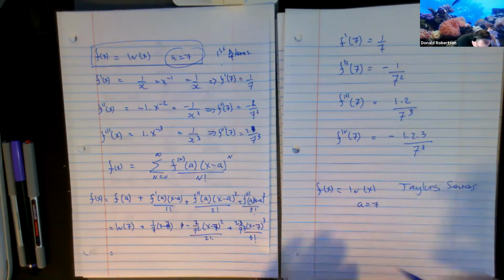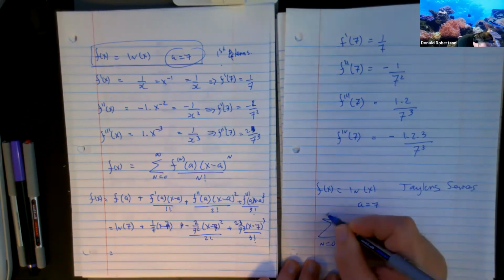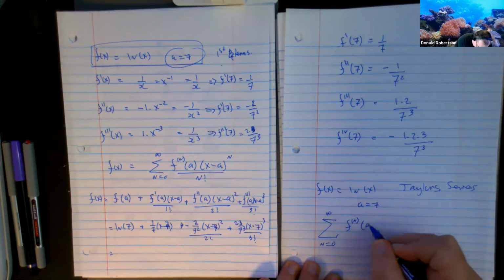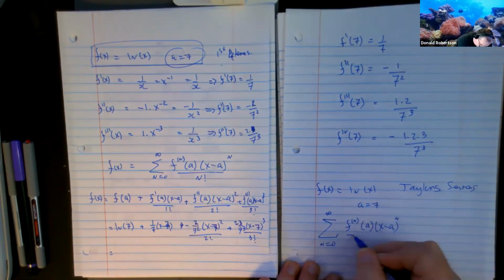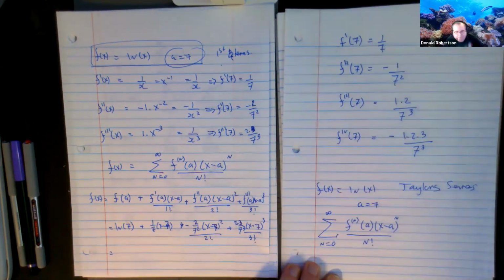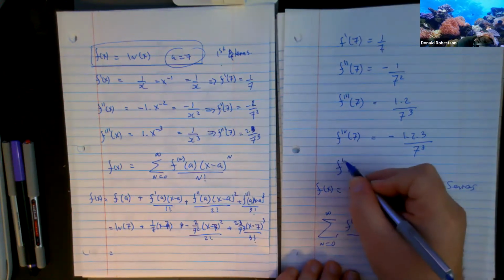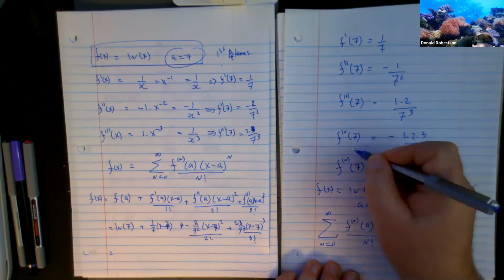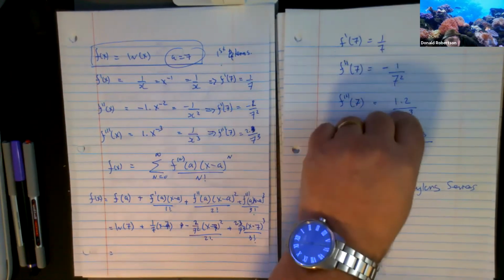Then, according to our formula, it's the sum from n equals 0 to infinity of the nth derivative at a, times x minus a to the n, over n factorial, right? Essentially, to get this, we need to find what the nth derivative at 7 is. So we've got to look at this pattern.